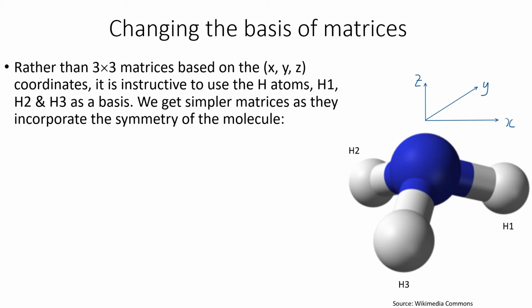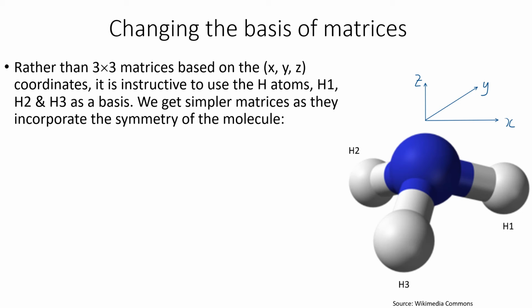And what I'm going to show here is looking at a different basis with these operations. Before we were looking at a generalized point, x, y, and z, and how it behaved under the effect of all the symmetry operations. But rather than x, y, and z, we're now going to look at it in terms of H1, H2, and H3, the 3 hydrogen atoms in the ammonia molecule.